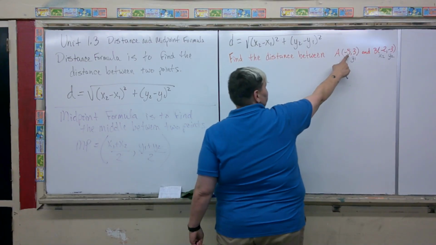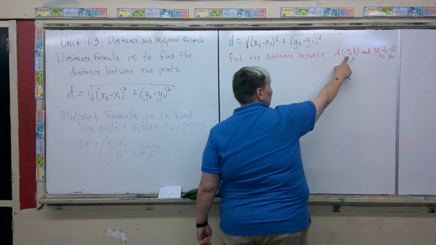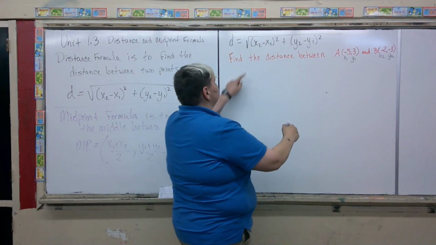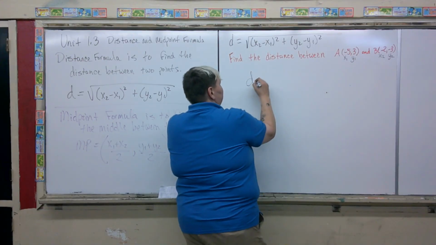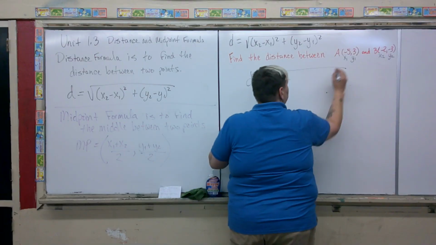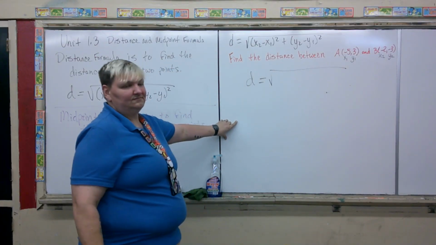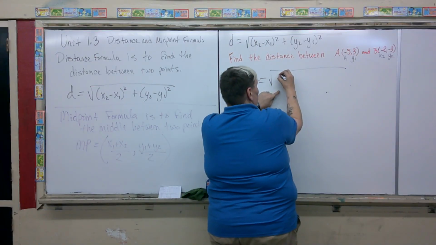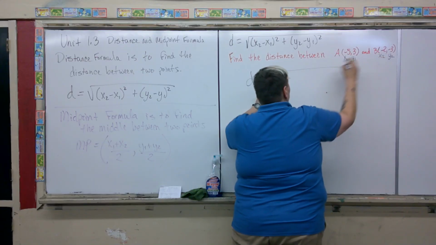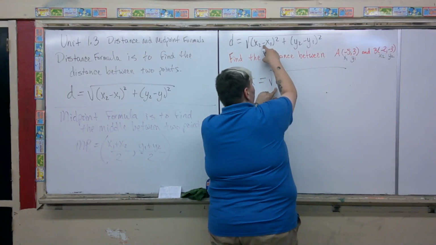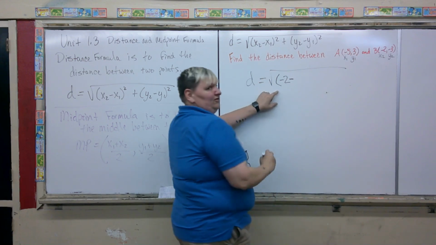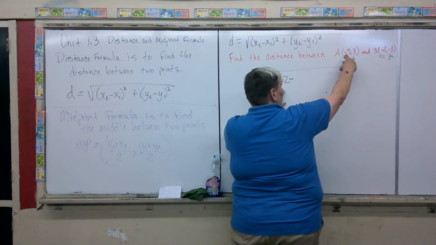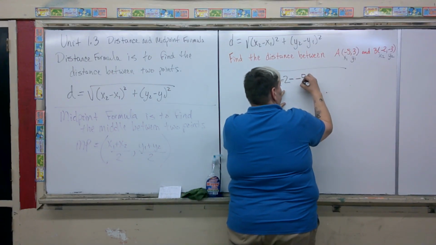Alright, now that I have them labeled, I'm going to substitute the values into the formula. Right? So the formula says D is the square root of x2 minus x1, x2 minus, if there's a negative in the formula, be careful, x1, because now I end up with a double negative.